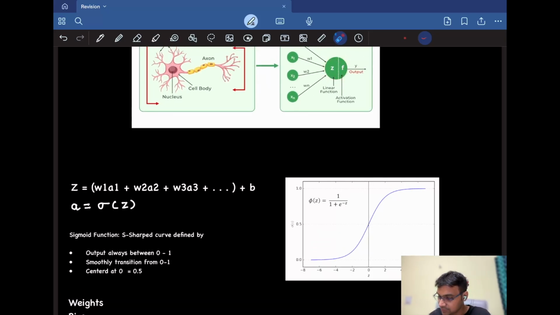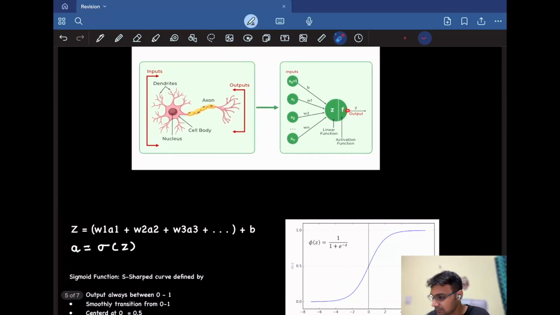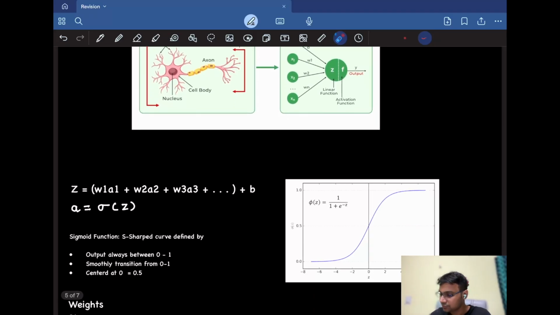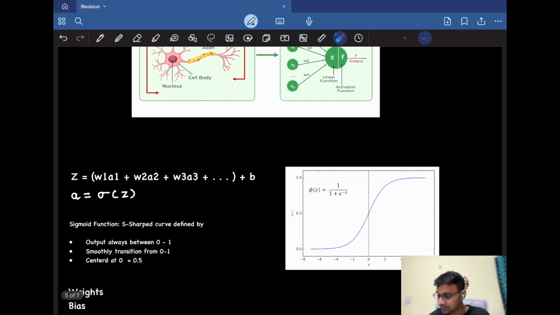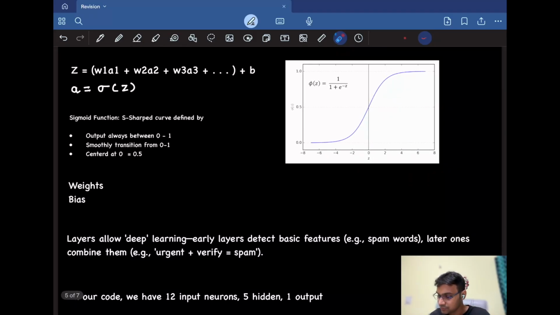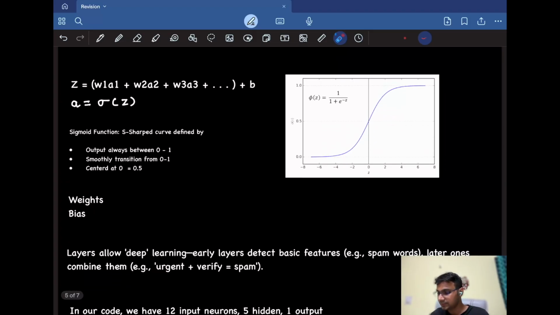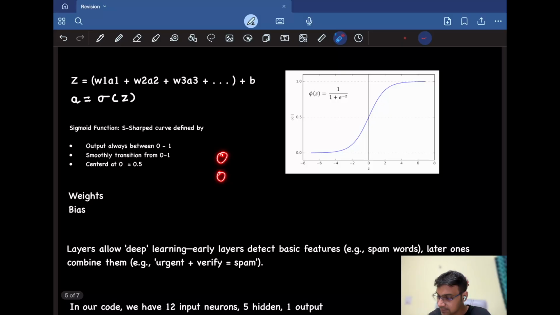Based on this, the new activation value is calculated, and similarly this will be connected to other neurons in the further layer, so that value is calculated as well. Okay, so we have understood weights and bias. Now the neurons are arranged in a layered network. There is one layer, then another layer.